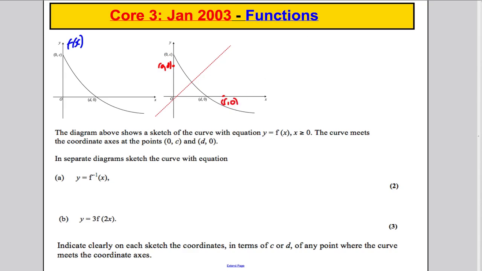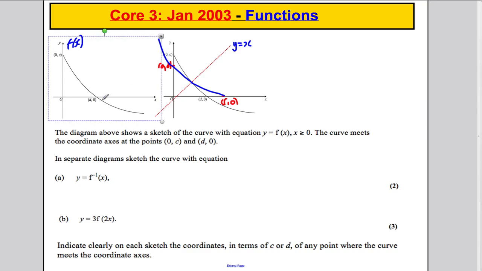So we just reflect everything we see exactly as we see it. This here gets reflected down to this point here, and this point here gets reflected up here and continues on beyond the axis, just like this one. So they both look like a reflection in the line y is equal to x.